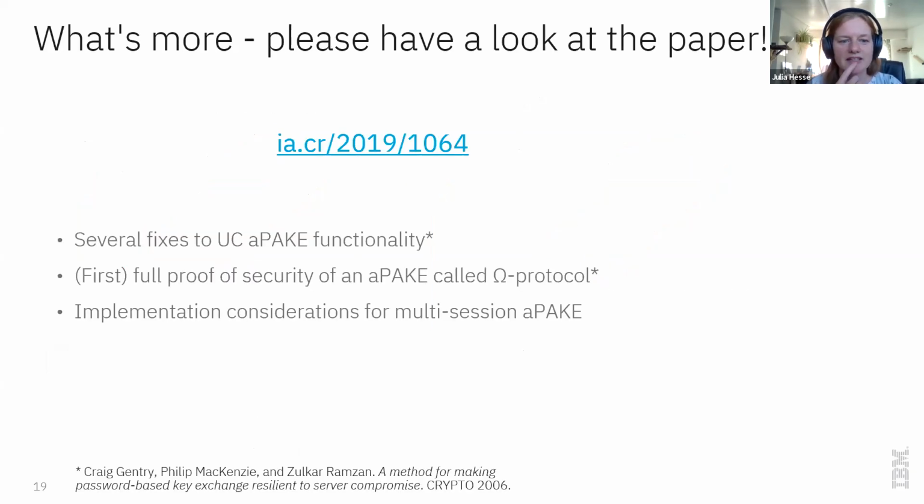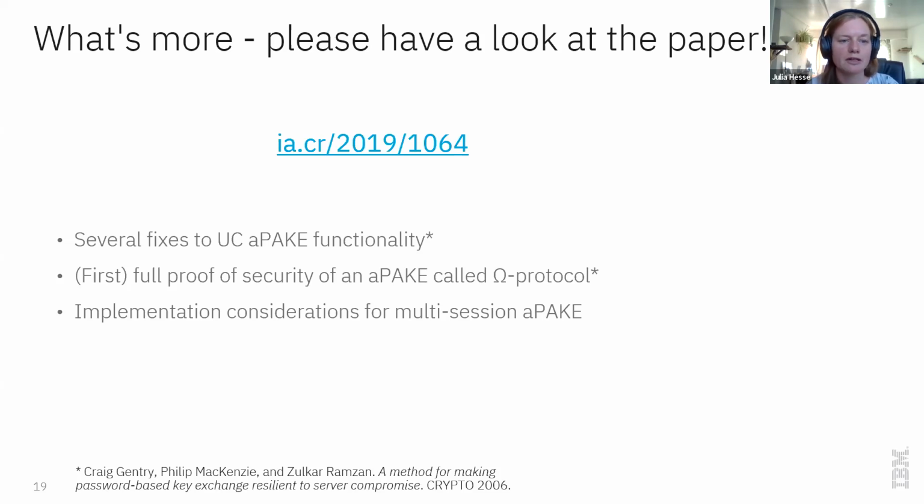As you can maybe imagine, proving such a statement in UC is a rather technical thing, and it allowed us to revisit the functionality, and you can find all gaps and fixes to the functionality, which happened along the way of proving this result, in the paper.